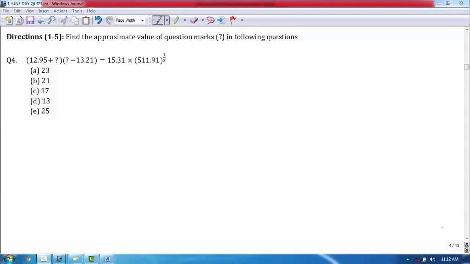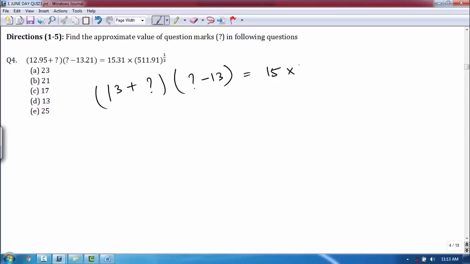12.95 plus question mark into question mark minus 13.21 is equal to 15.31 into 511.91 to the power 1 by 3. That means cube root of 512. So we get 13 plus question mark into question mark minus 13 is equal to 15 into 512 to the power 1 by 3.